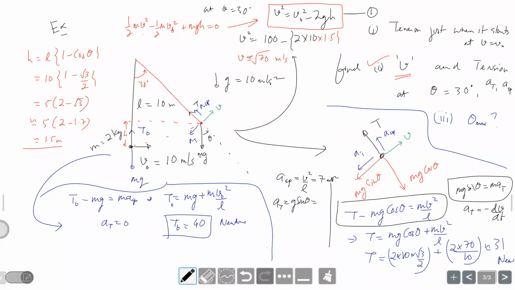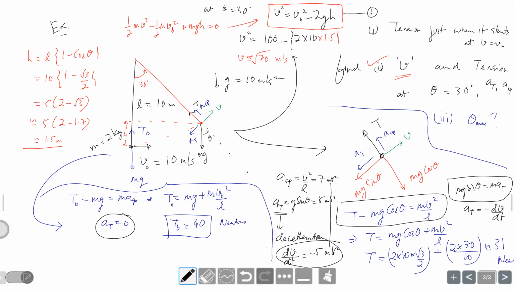So that will be how much? That will be 5. But notice that this tangential acceleration is not constant. If we write it in terms of dv by dt, our rate of change of speed at this moment is minus 5. Whereas here, when it started out, the tangential acceleration was different.